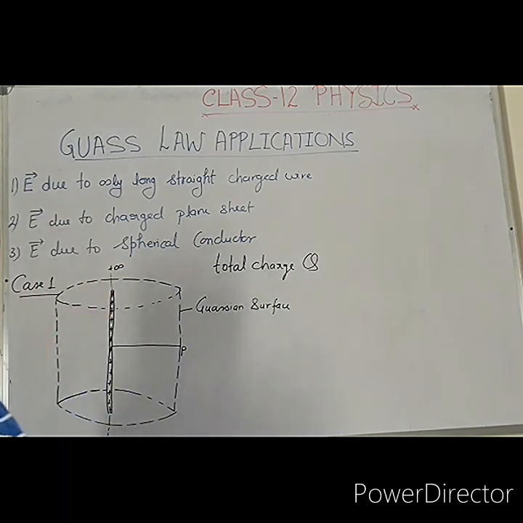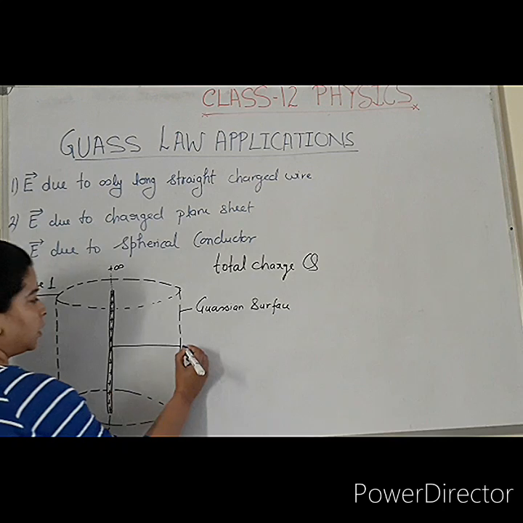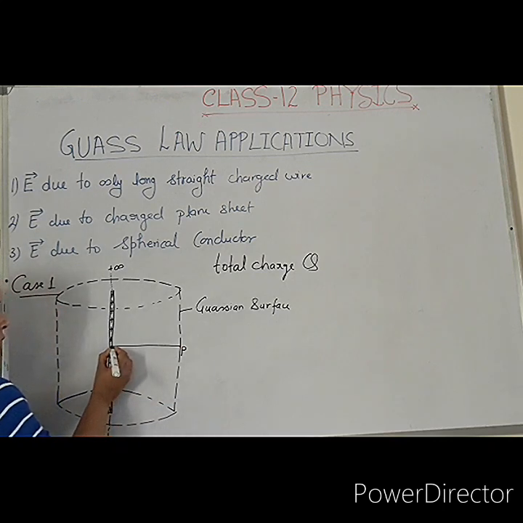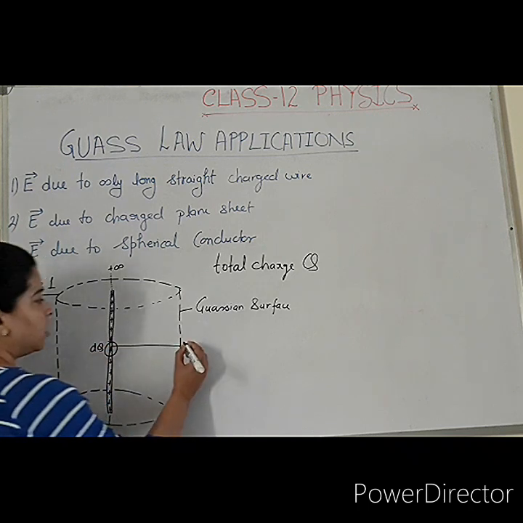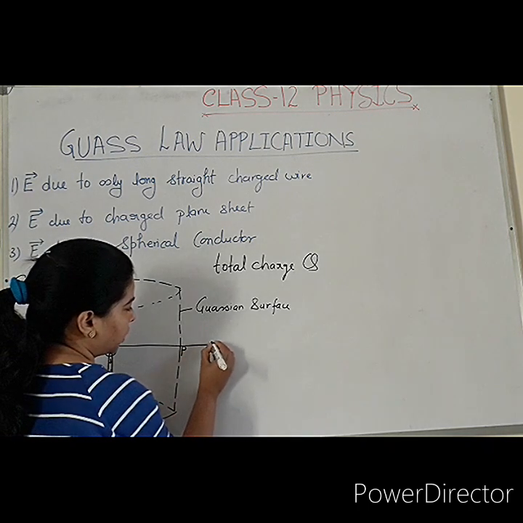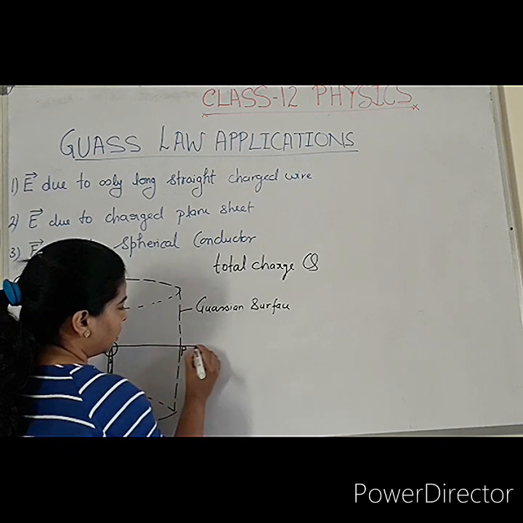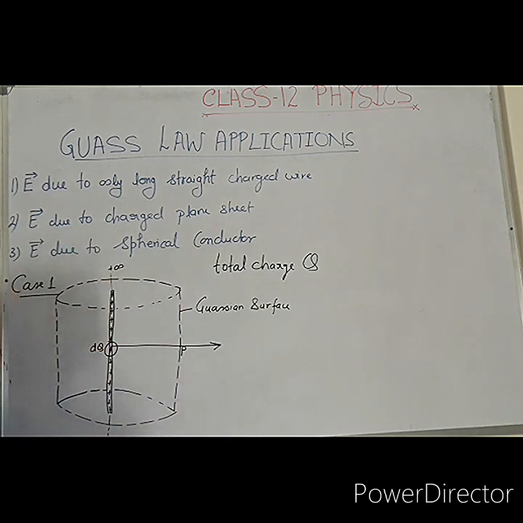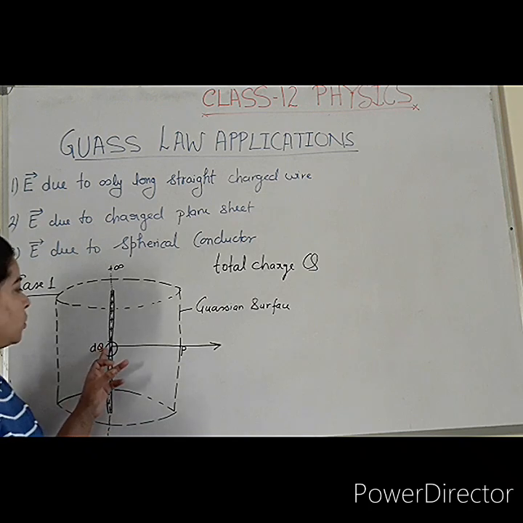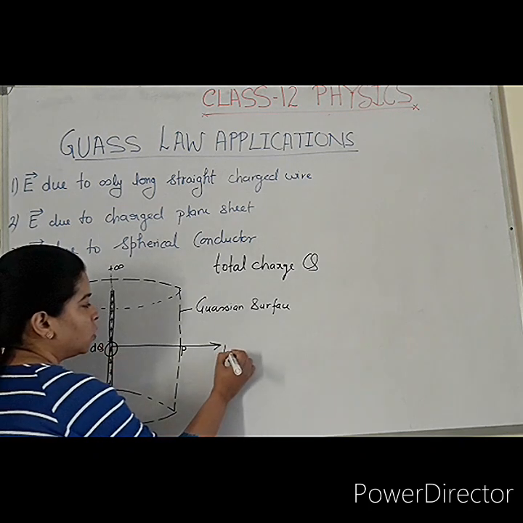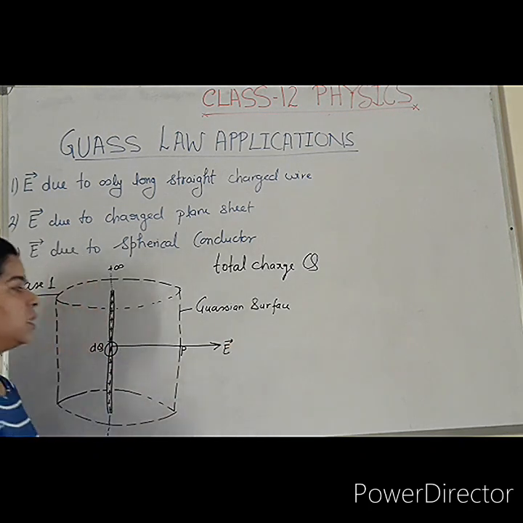Here the electric field due to a small amount of charge, suppose the charge is dq, should be in the radial direction, as I have discussed in the basic concept. From the positive charge, electric field lines go outward radially. So these are the electric field lines due to a small amount of charge.